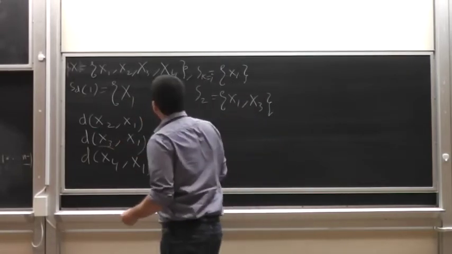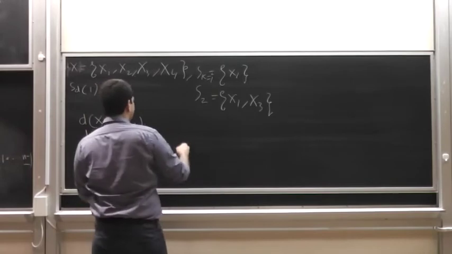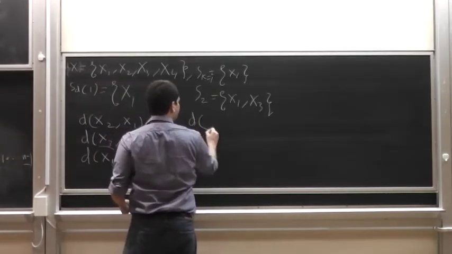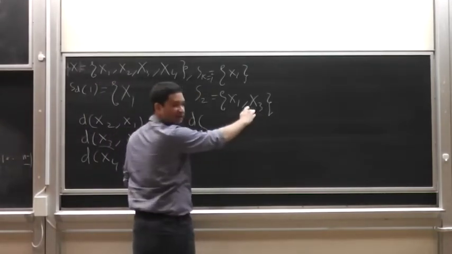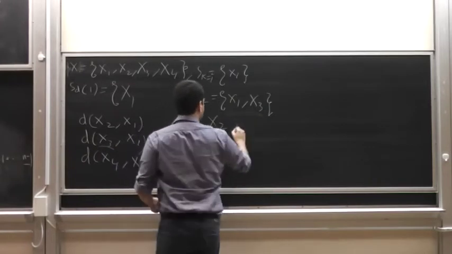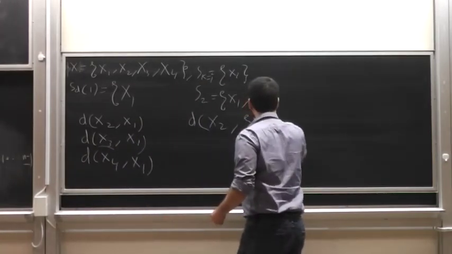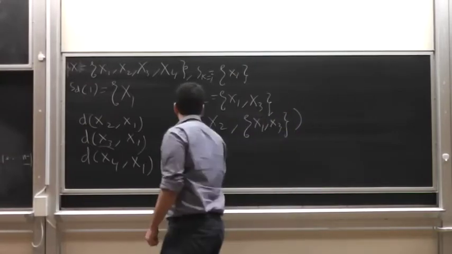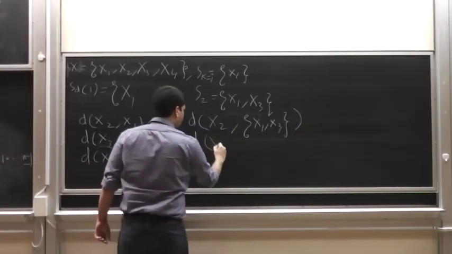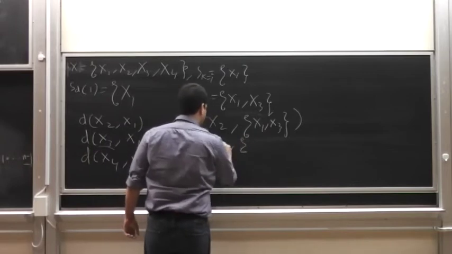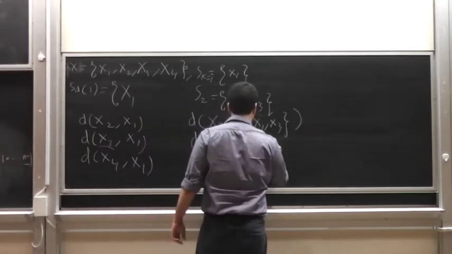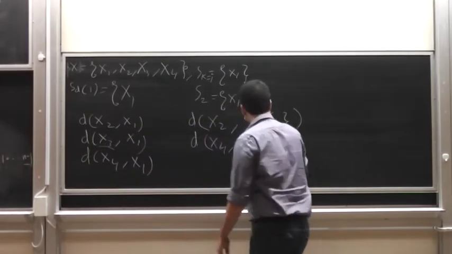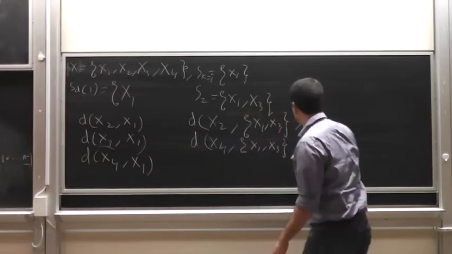And then you again do a few computations. What do you do now? You take d of whatever is not in here, that's left out in x. So d of x2, x1, x3, and then you compute d of x4, x1, x3, because you're measuring it with respect to the starting set.